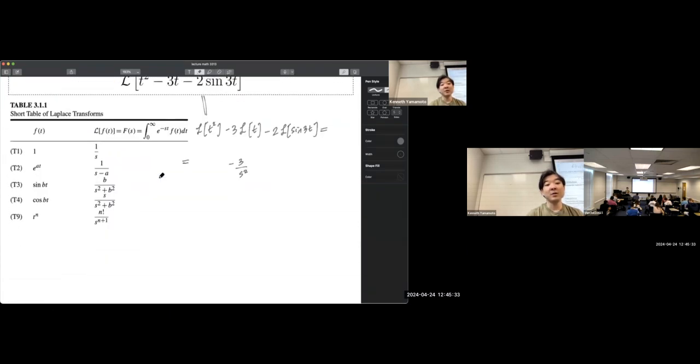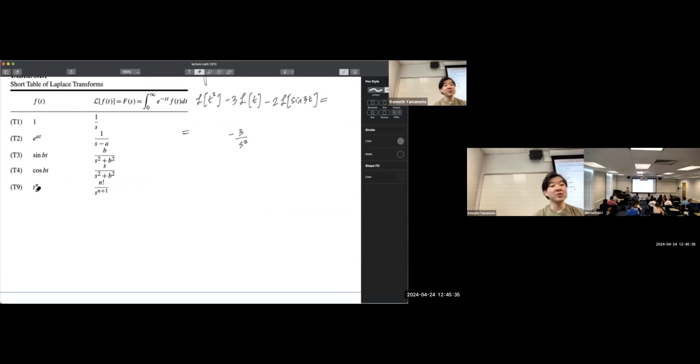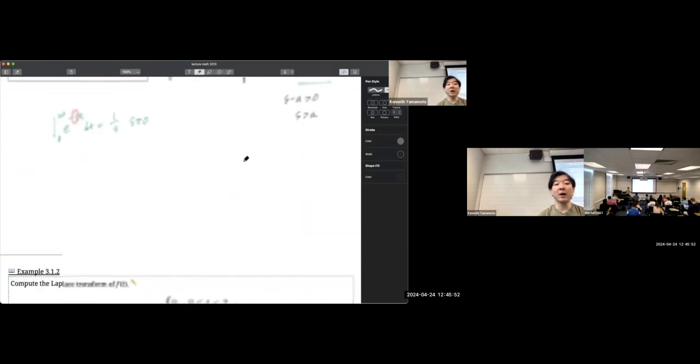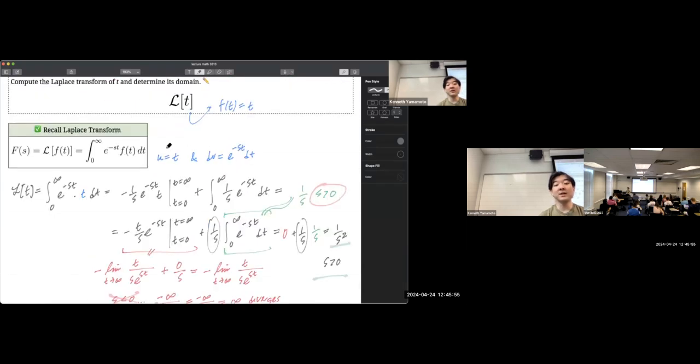And so the conclusion is that when t is raised to some power n, the recursion is going to give you n factorial over s raised to n plus 1. And you can read the textbook. The n factorial comes out from recursively taking, you're going to still probably use, this dv is going to be this piece. U is going to be the t squared.